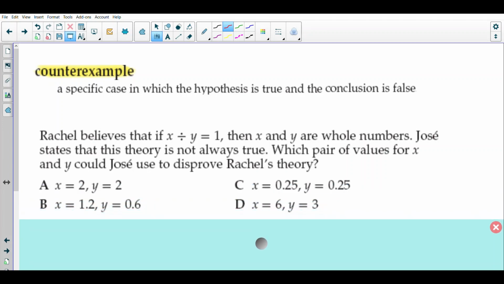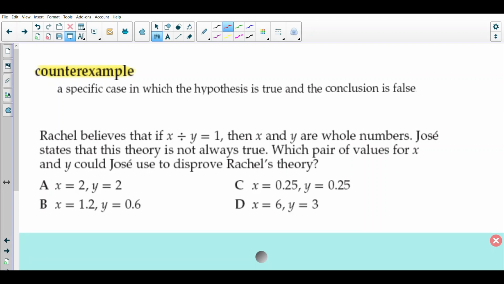Okay, so let's look. So we have A, x equals 2, y equals 2; B, x equals 1.2, y equals 0.6; C, x equals 0.25, y equals 0.25; and D, x equals 6, y equals 3. So just looking at this, we want the conclusion to be false. So right when you look at it, well, we know A and D, those are whole numbers. 2, 6, and 3 are all whole numbers. So it can't be those.